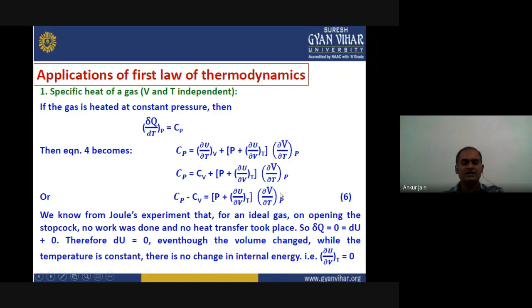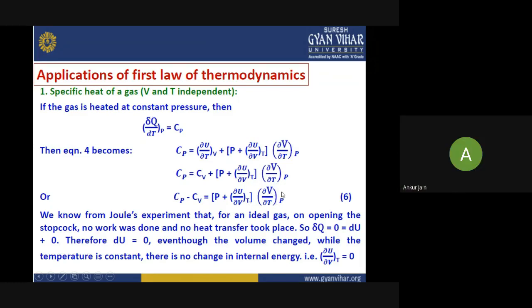If we take this to the other side, it will become Cp minus Cv equals P plus del U upon del V at constant temperature into del V upon del T at constant pressure. Consider it as equation number 6.